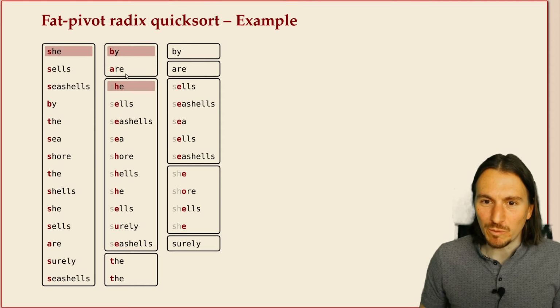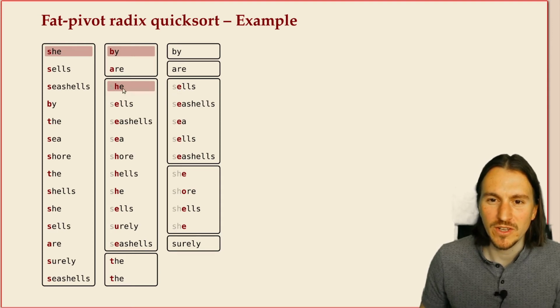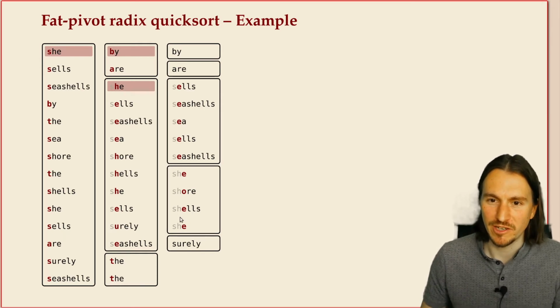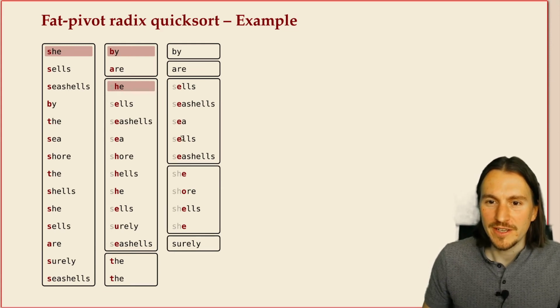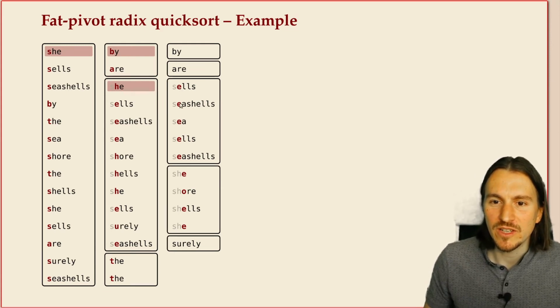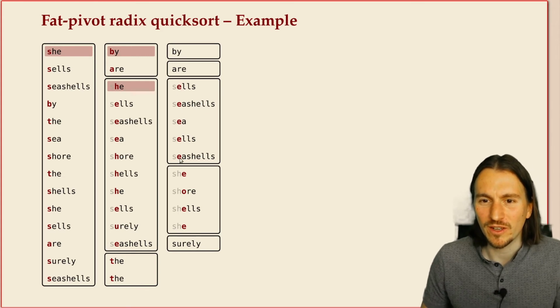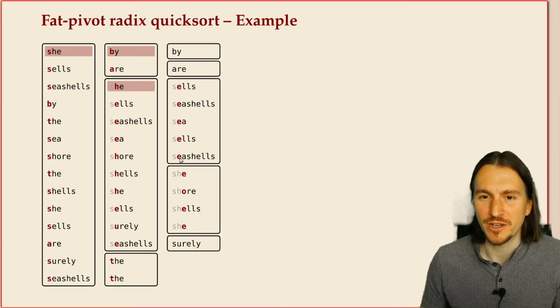This is more interesting. We pick the pivot "she", and we're looking at the second character now. There's a couple of strings that have a smaller character than h, there's one string that has a bigger character than h, and there's a couple of strings that have the same character as h. Now look, what happens here is in this list, we as humans see these all have the same second character, but the algorithm doesn't know that for now.